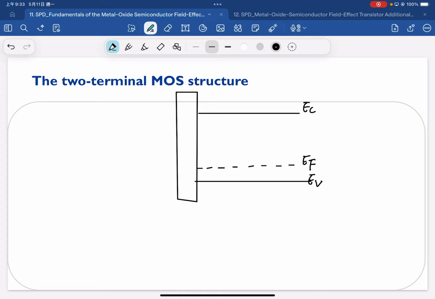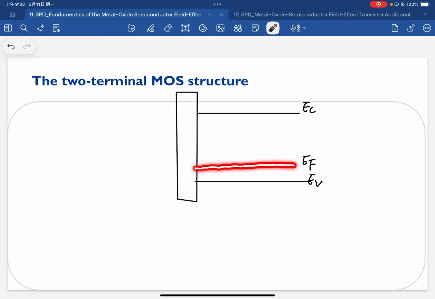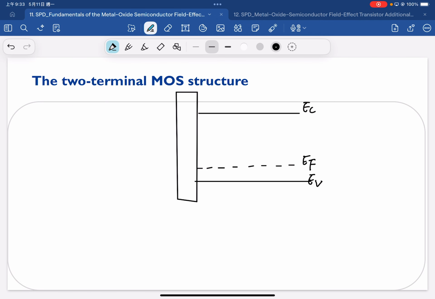And at the condition that the bands of the dielectric and also the Fermi energy are flat, this is the condition that we call flat band. The voltage that causes this flat band condition we call the flat band voltage.